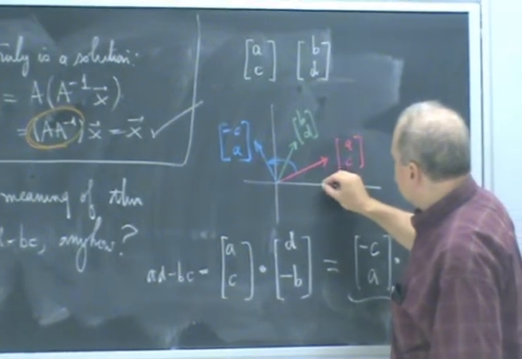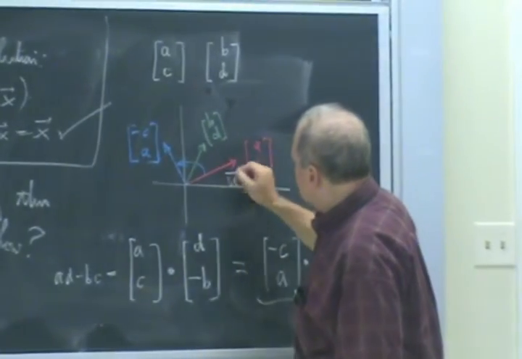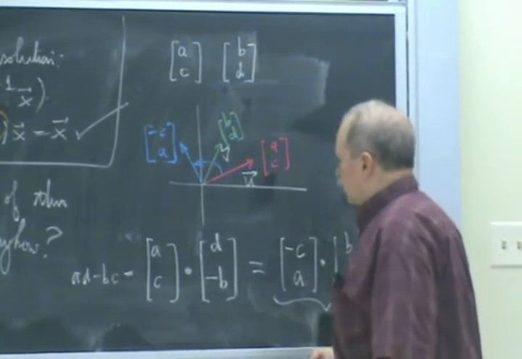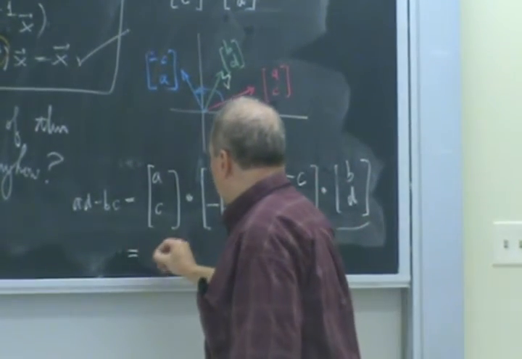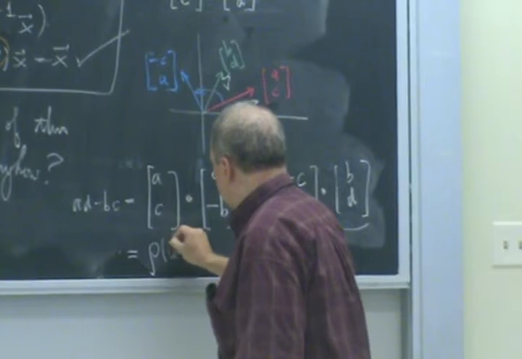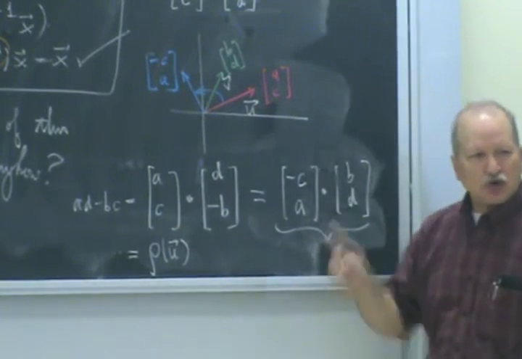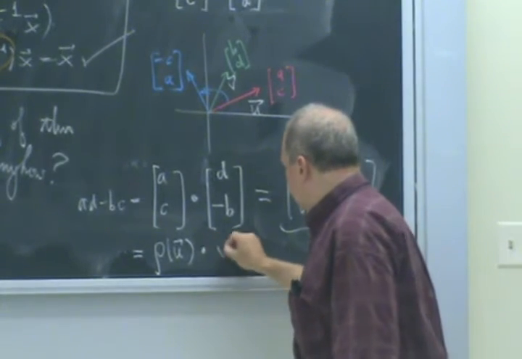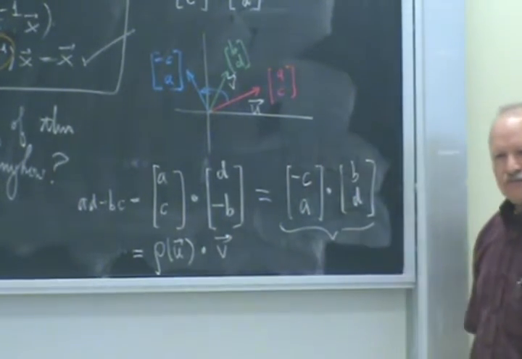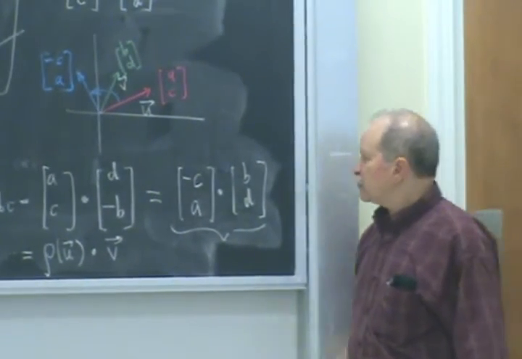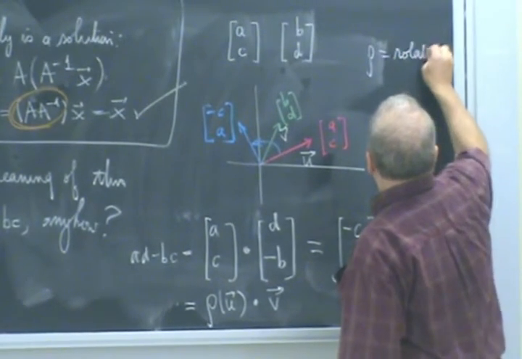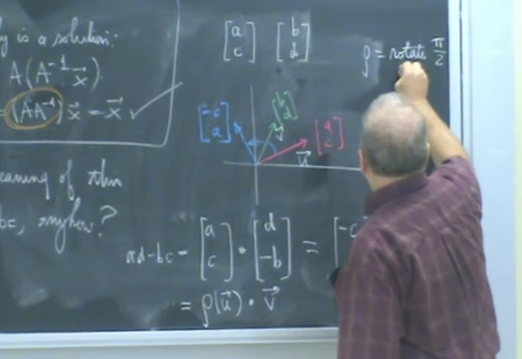If this is the vector u, and this is the vector v, we're saying this quantity is what I get when I rotate u by pi over 2. I'm going to use rho for that temporarily, and dot it with v. So here by rho I mean rotate pi over 2 counterclockwise.